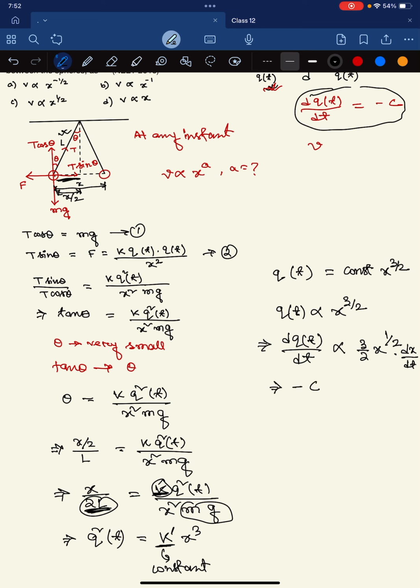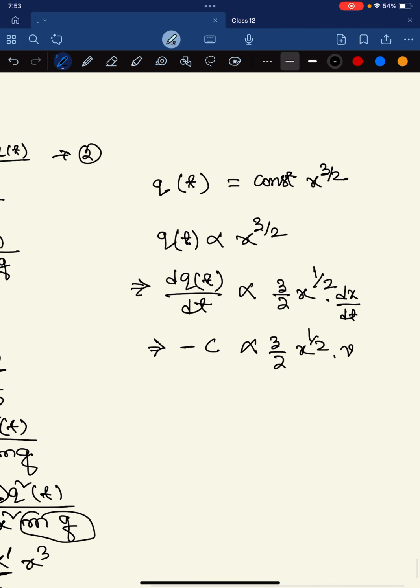So minus c is proportional to 3 by 2 x to the power half times dx/dt. And what is dx/dt? This is nothing but velocity, the rate of change of position, the velocity with which they are approaching each other.